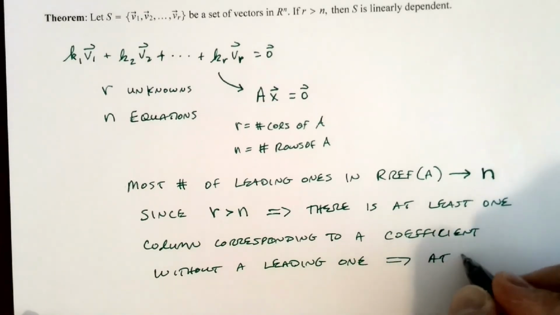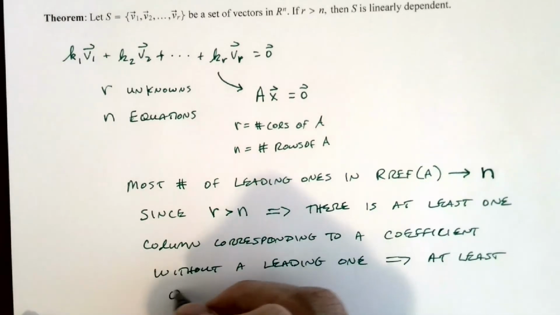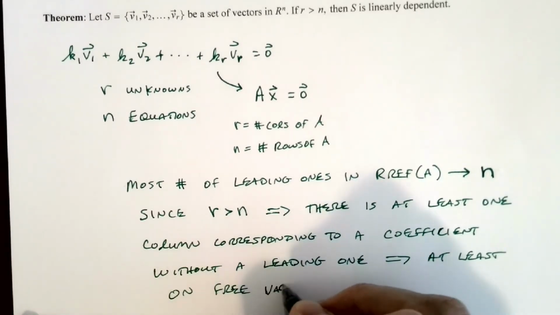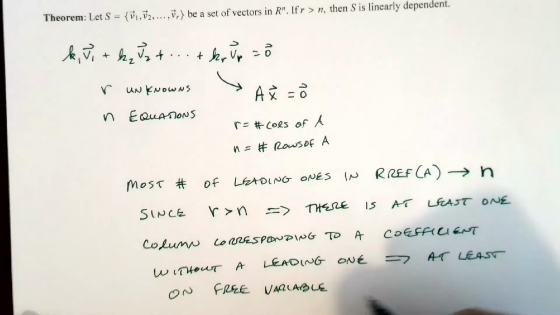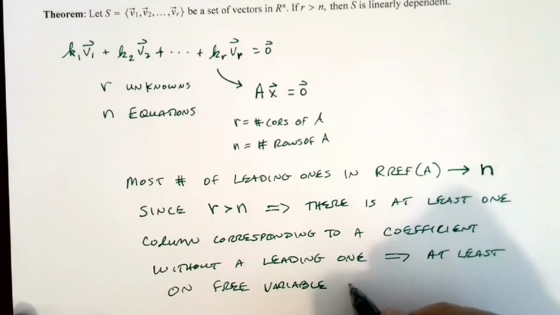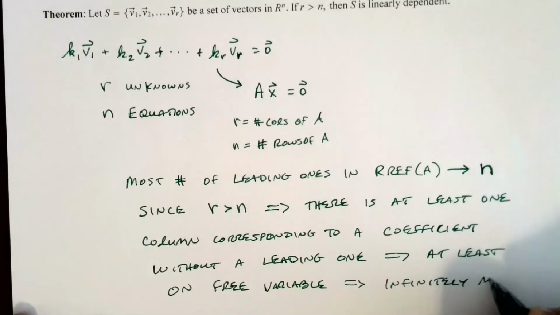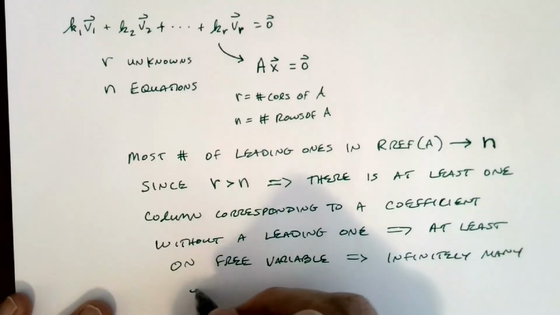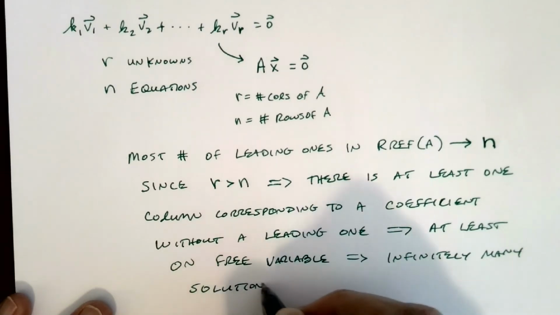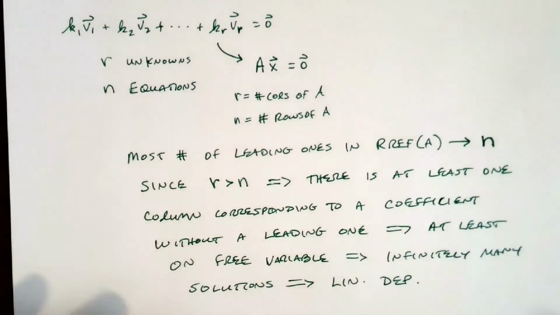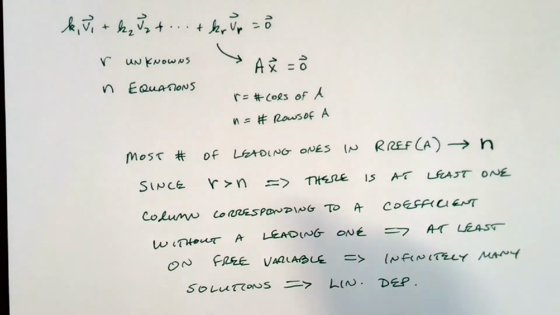There's at least one free variable, or parameter, right? And therefore infinitely many solutions, and therefore linear dependence. Okay. This is not a very well written proof, I just kind of talked you through the idea of the proof, but that's the nuts and bolts of it.